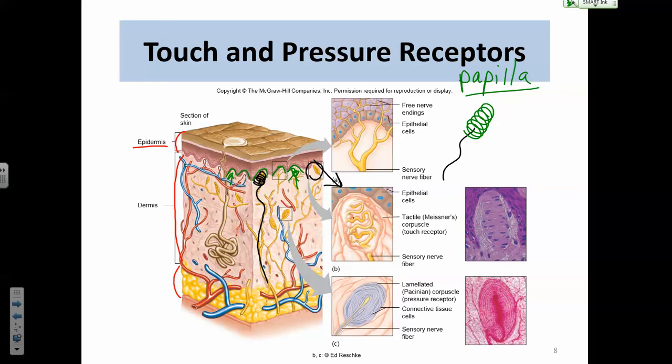And Meissner's corpuscles, most of them are located in the dermis of the skin within dermal papilla. So in other words, very high in the dermis, not the epidermis. They're about as high as you can get in the dermis. Okay, and they are sensitive to very tiny change in position.